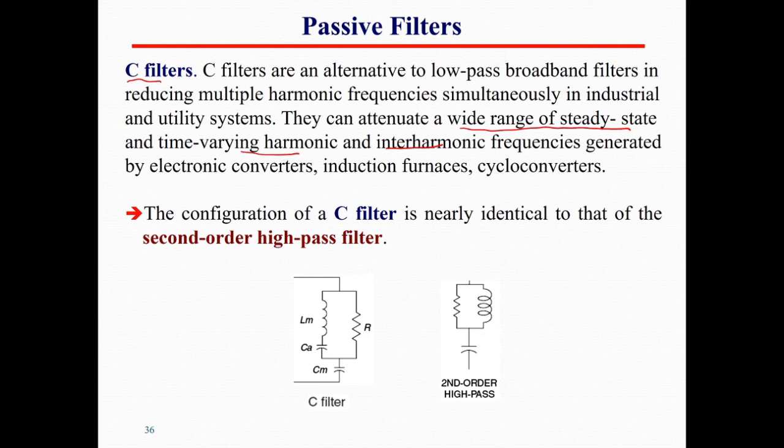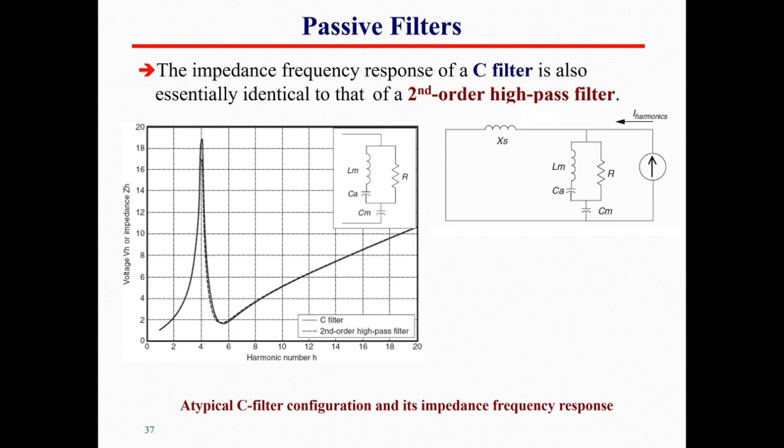The configuration of the C filter is nearly identical to that of the second order high pass filter. So this is the second order high pass, this is the C filter. The difference is only that over here they add a capacitor. Now if we look at the impedance response of the C filter, it is shown over here.